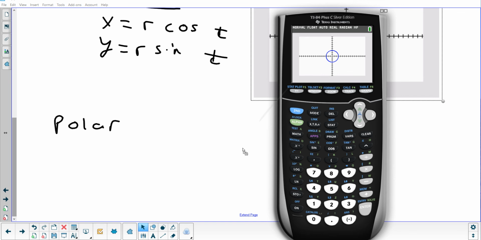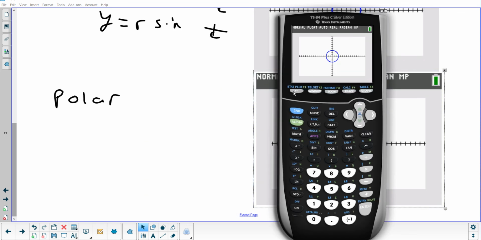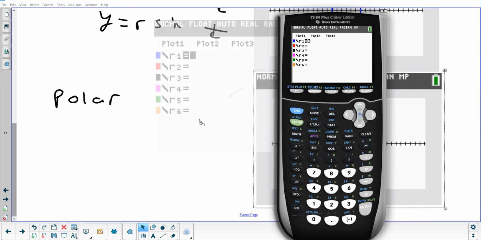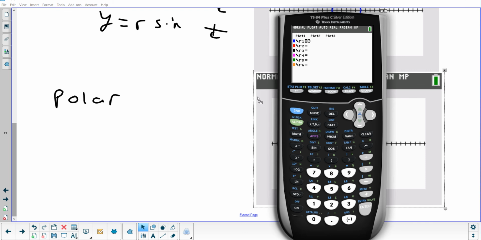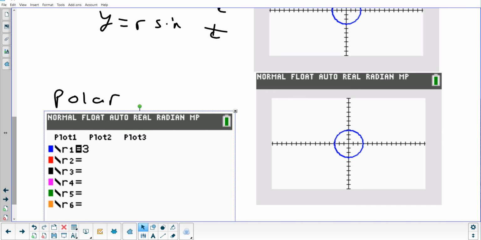That's the whole thing. So to get a circle of radius 3, all I had to do was, I was trying to get it when the cursor wasn't blinking. There you go. That's it, that one number. So polar is really designed to be able to graph circles very, very easily.